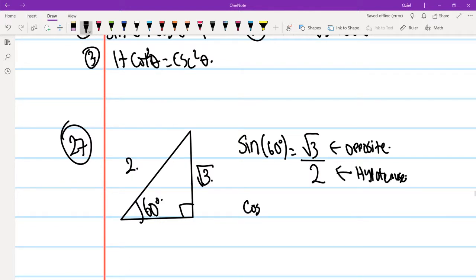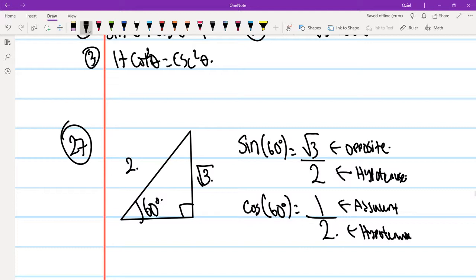So cosine of 60 degrees, let me write that, equals 1/2. And we can say that this is adjacent, and this is hypotenuse. So now we know our third side, it's 1.